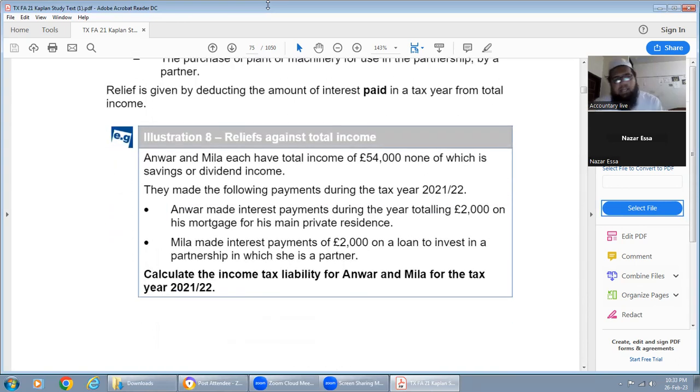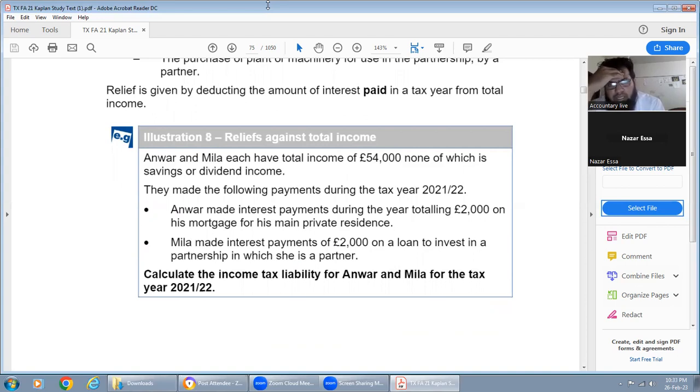Anwar and Mila each have total income of 54,000, none of which is savings or dividend income. They made the following payments during the tax year 21-22.